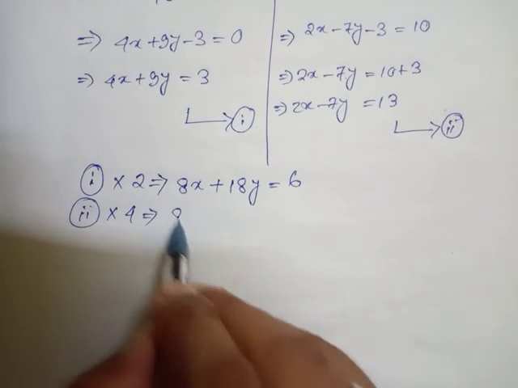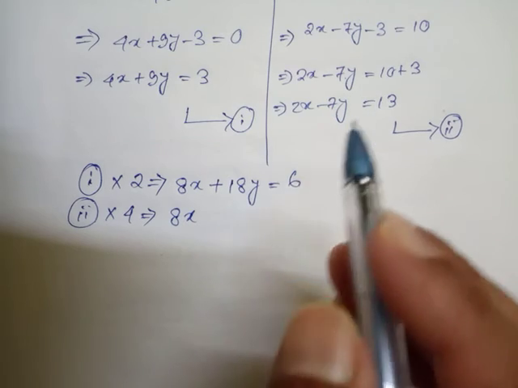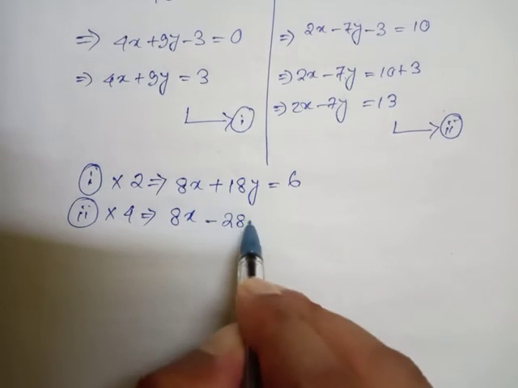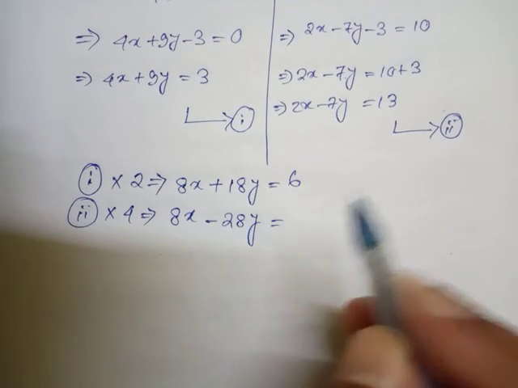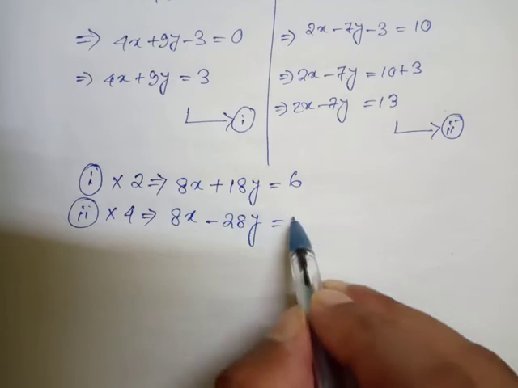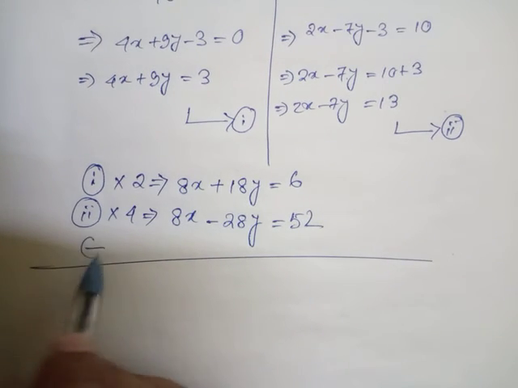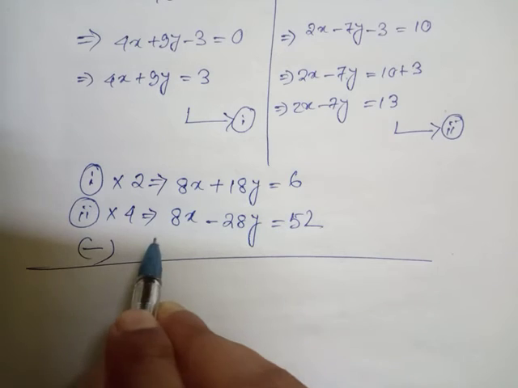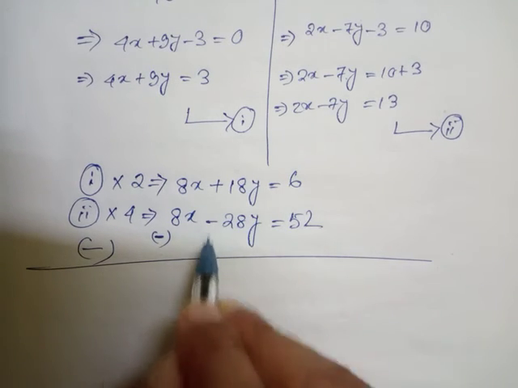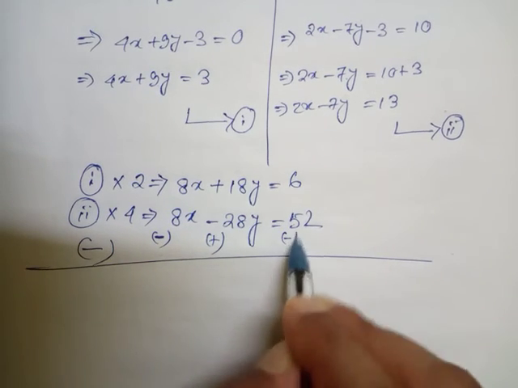So 4 twos are 8x and 4 sevens are 28, and 13 into 4 is 52. Now look student, after that go for the subtraction. In the second line sign will change, so plus becomes minus, minus becomes plus, and plus becomes minus.